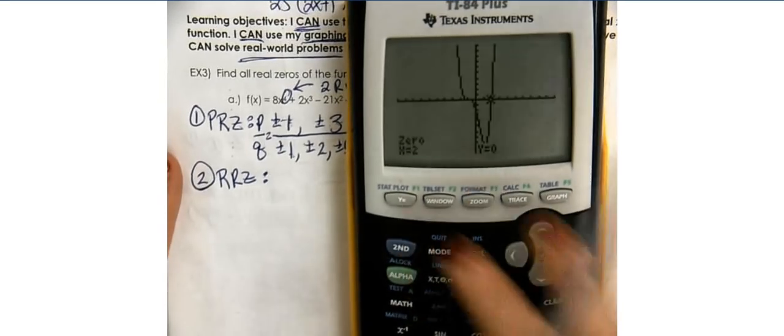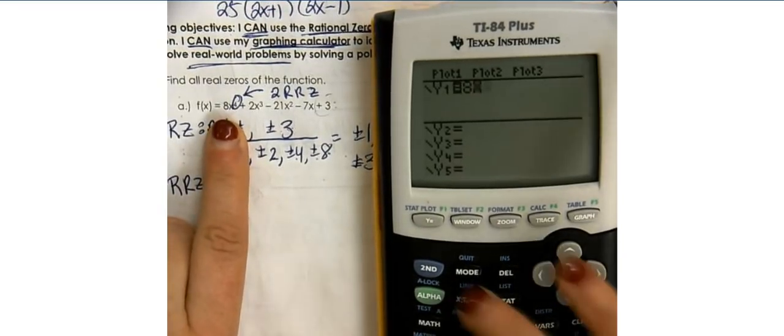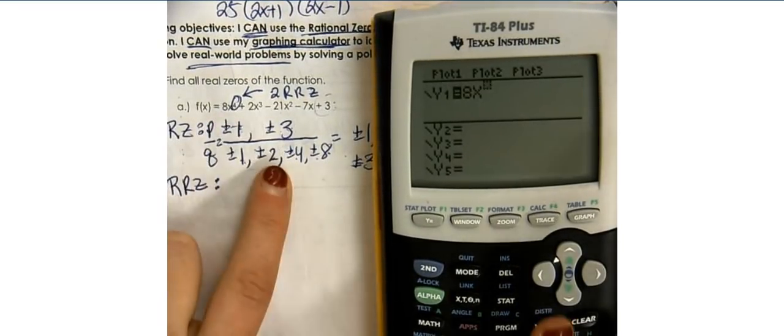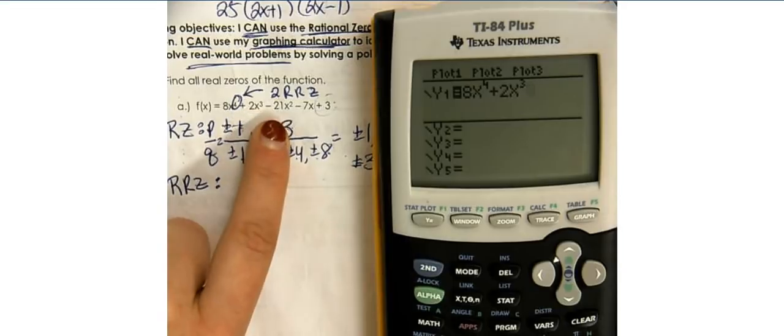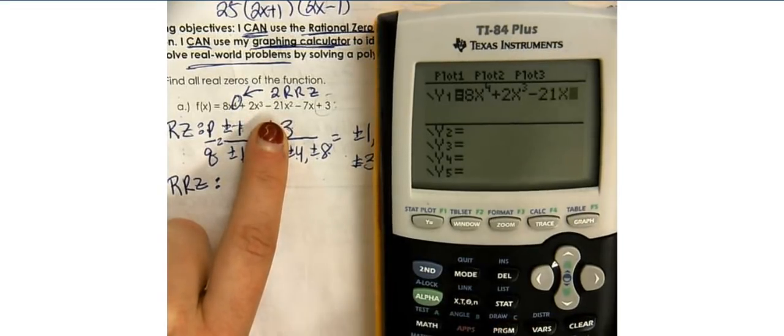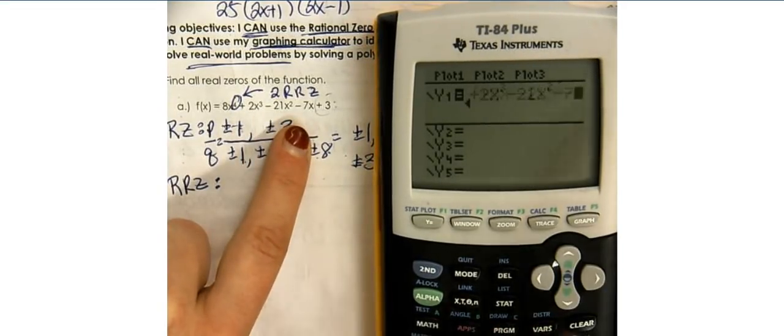Now we're going to identify our reasonable rational zeros using a calculator. Because this is a quartic, we're going to have to identify 2 of them. So in my graphing calculator, I'm going to enter the function 8x to the 4th power plus 2x to the 3rd power minus 21x squared minus 7x plus 3.